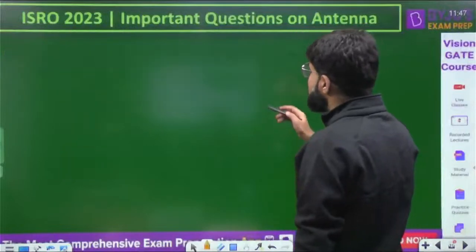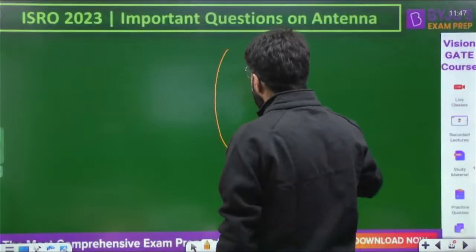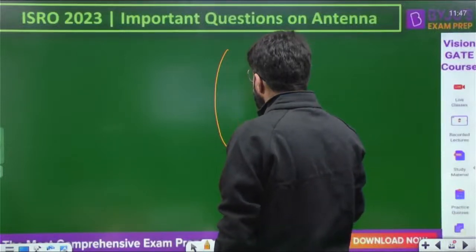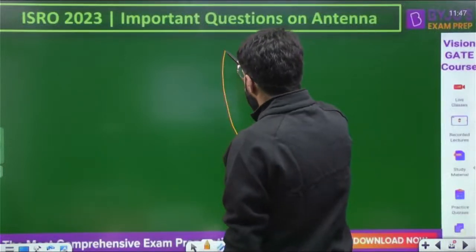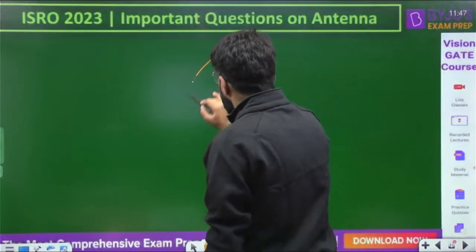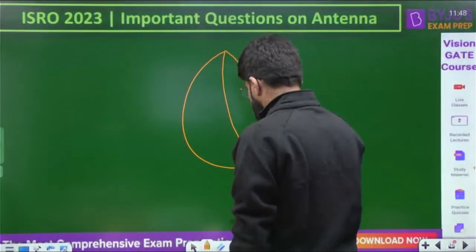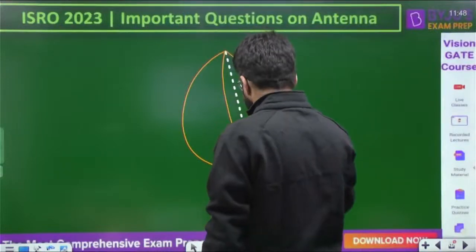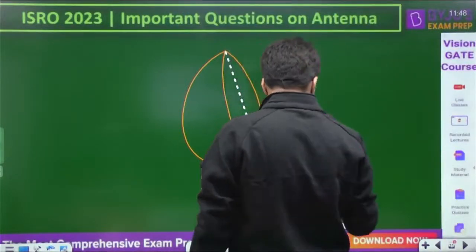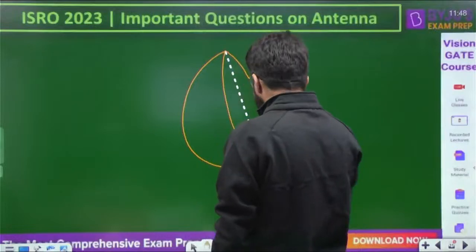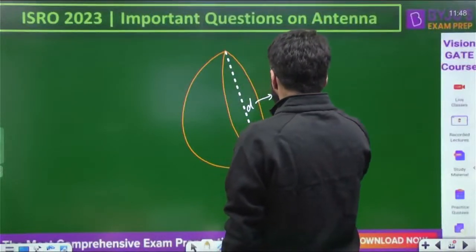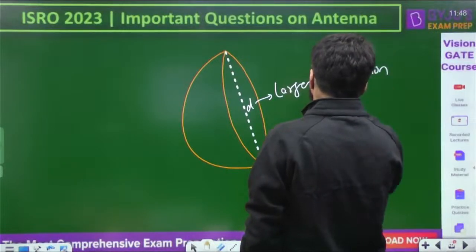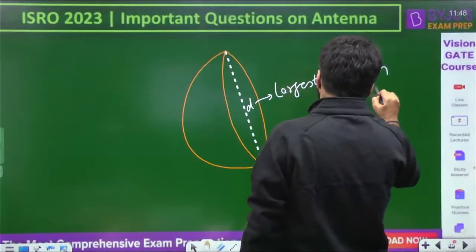It is its diameter basically. That is the D, and that is the largest dimension here, equal to the diameter for a parabolic reflector.